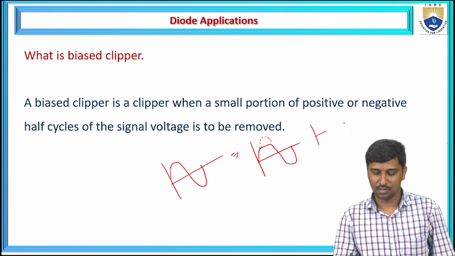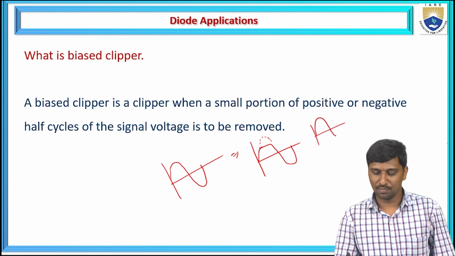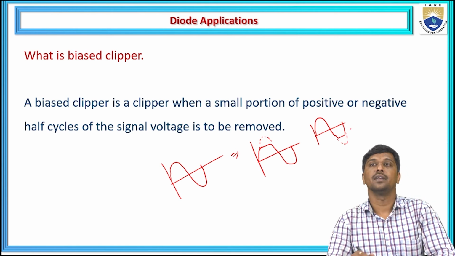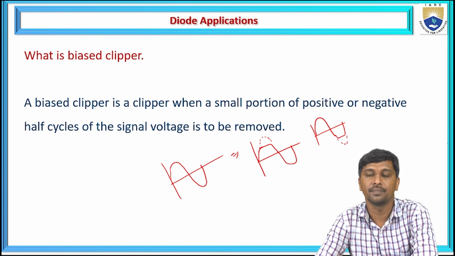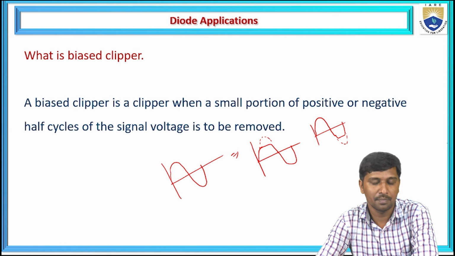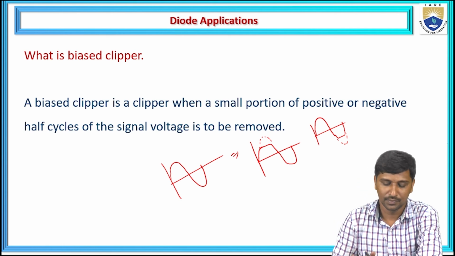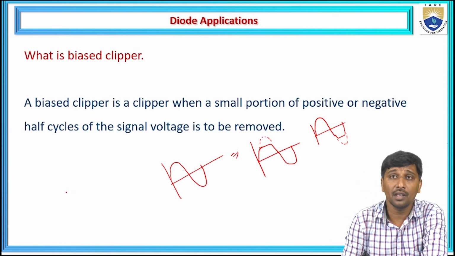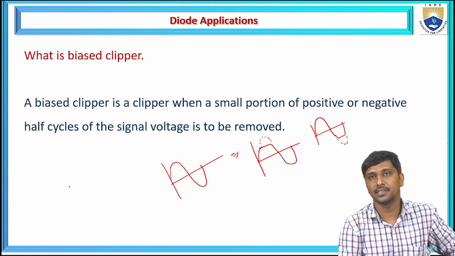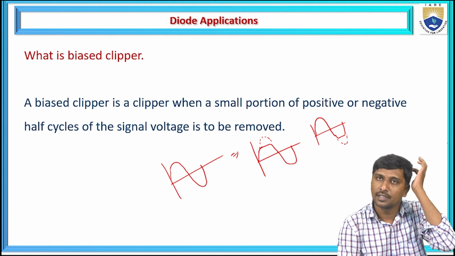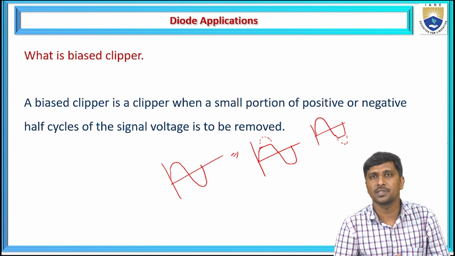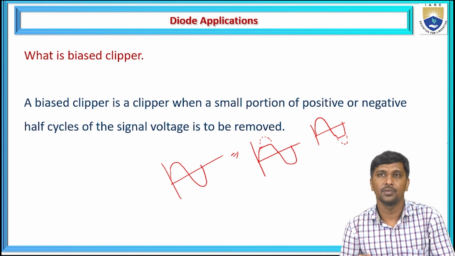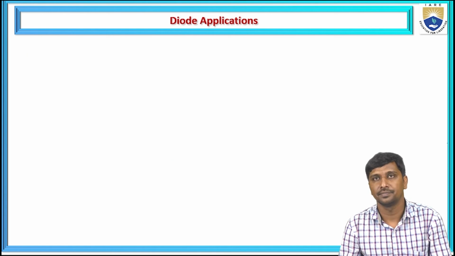Or suppose you want to remove some information across the negative portion; the dotted line indicates the clip. This type of operation is called a biased clipper. For this case, we need to apply a reference voltage across the diode, either a positive reference voltage or a negative reference voltage.